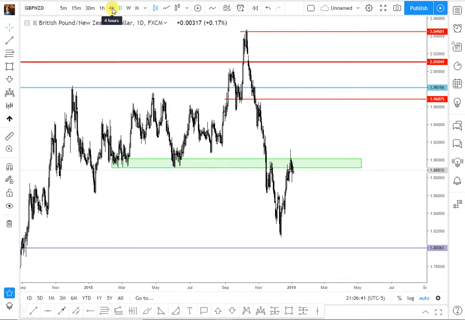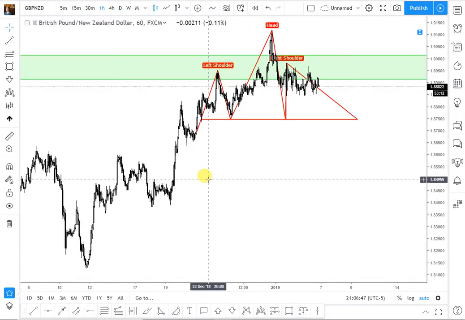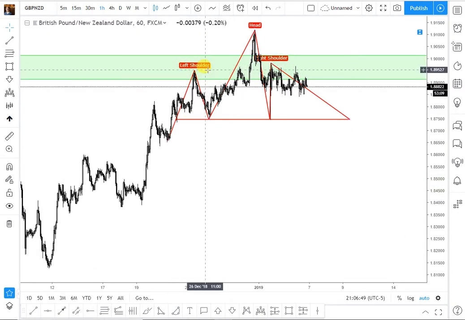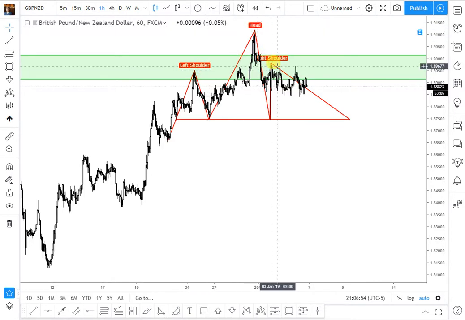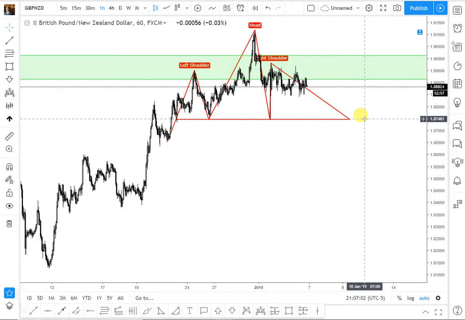If we switch to the 1-hour time frame here, we will notice that it makes for us a left shoulder, the head and the right shoulder. So we are waiting to break and close below the neckline.